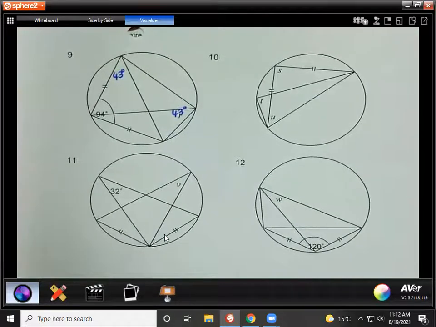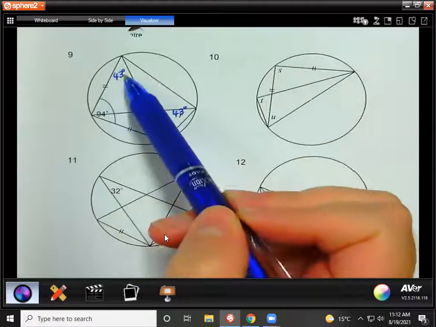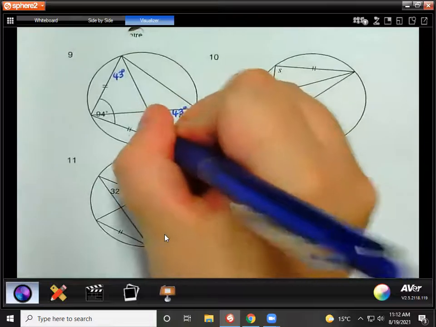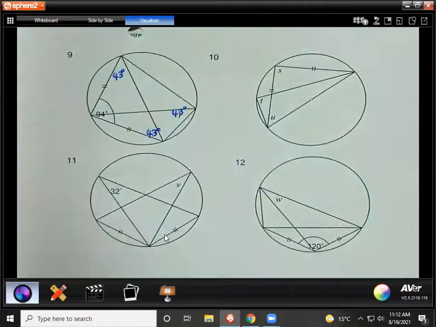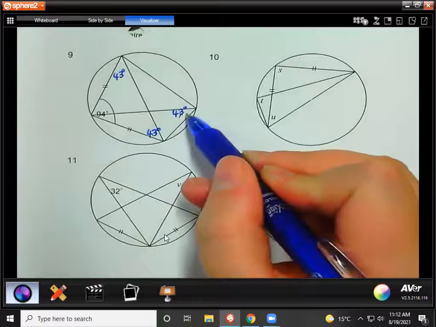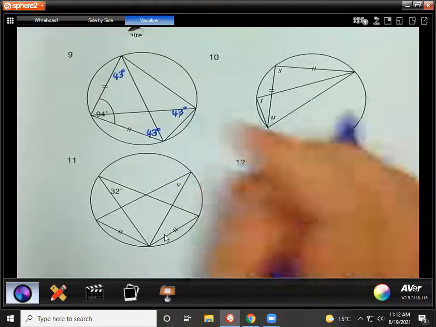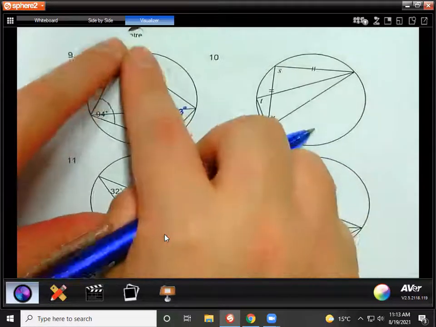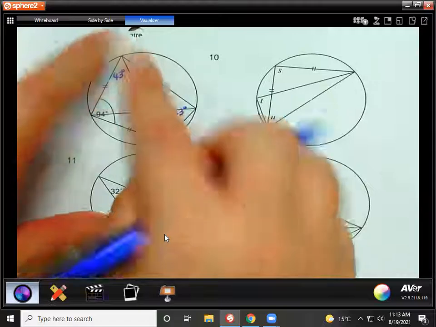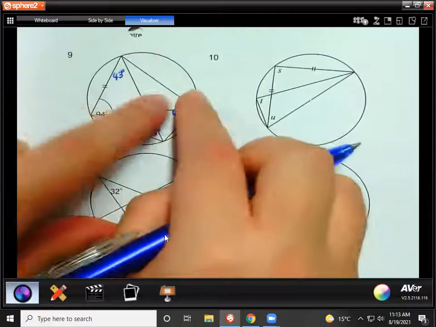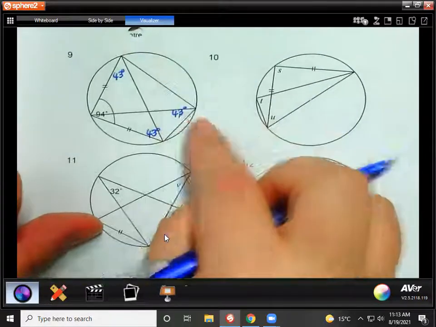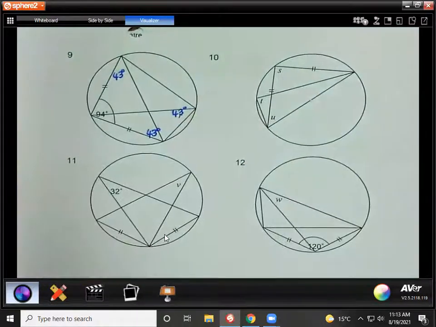Because they're equal, you then divide that by 2, and you will then get 43. So actually both of these angles are 43 degrees. All right, but this is the one that they actually asked us to calculate, that one. So now, do we notice that it's subtended by the same chord, right? So if that is 43, that is also 43.